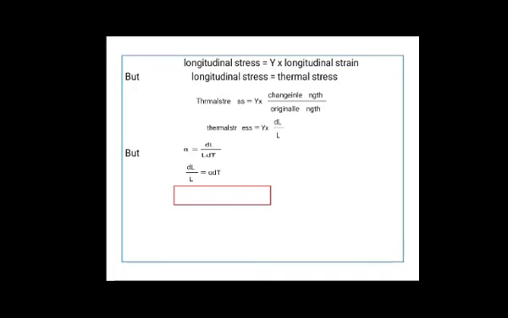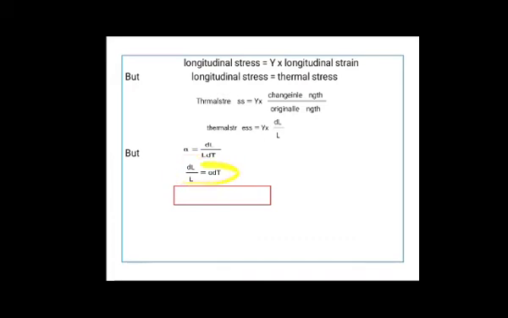If you shift the term, dt to this side, then dl by L is equal to alpha into dt.